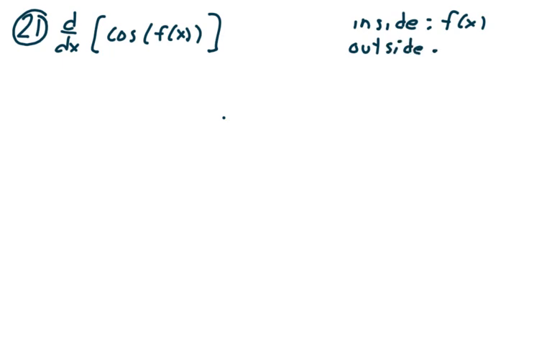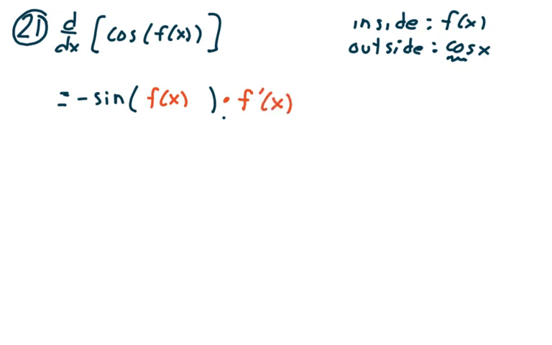The outside function happens to be cosine x. But it's the derivative of the outside, but we're going to evaluate it at the inside. We're going to take that answer and then multiply by the derivative of that inside function. Okay? And that right there is 21.